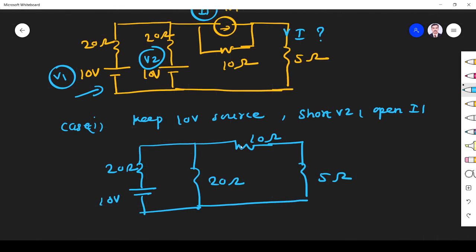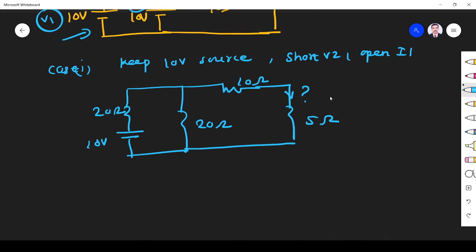Now I have to find the current through this. I have a voltage source and resistors. So first I find the total current, then from that we can find the current flowing through this 5 ohm. I is given by 10 by R total. R total: the 10 plus 5 are in series, and that is parallel with the 20.